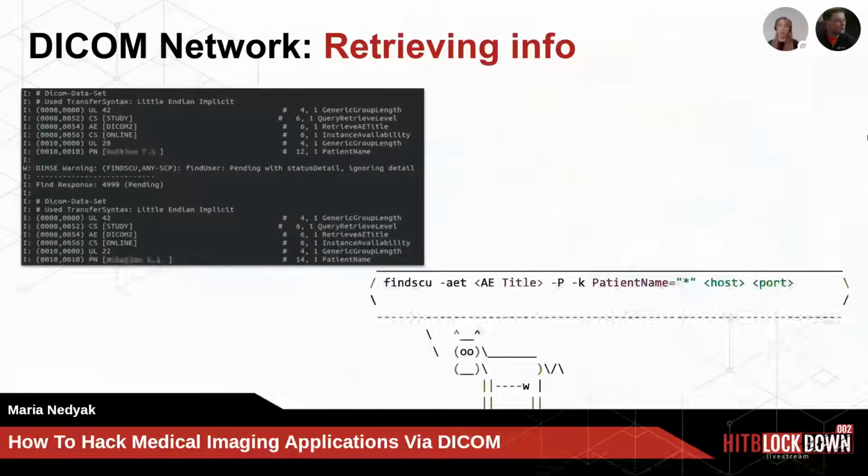After successful brute forcing of the application entity, you can establish a connection with a DICOM server and download a full list of patients with the command you see on the slide.